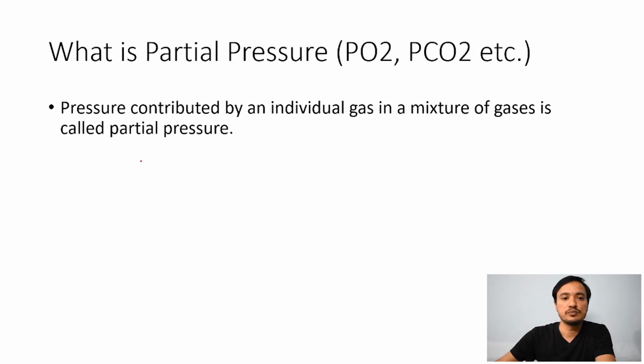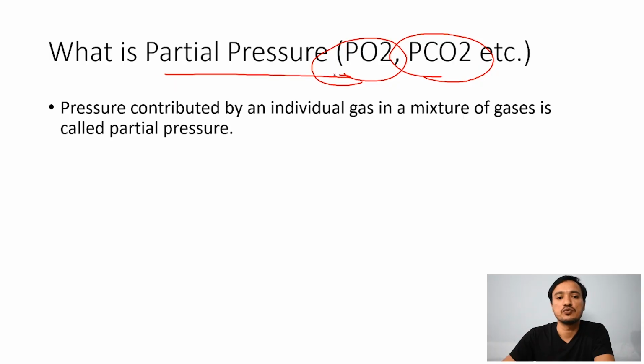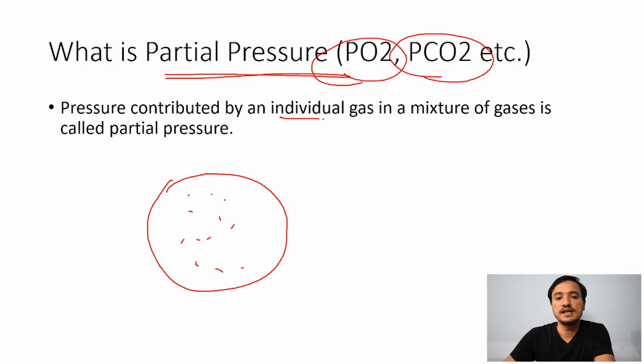Then moving on to the next topic. What is partial pressure? In this chapter you will be reading PO2 and PCO2 multiple times. PO2, PCO2 is nothing but partial pressure. So what is partial pressure? Suppose these are different gases; the pressure contributed by an individual gas in a mixture of gases is called partial pressure.